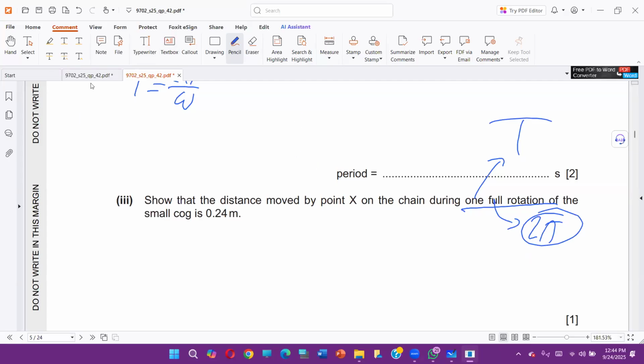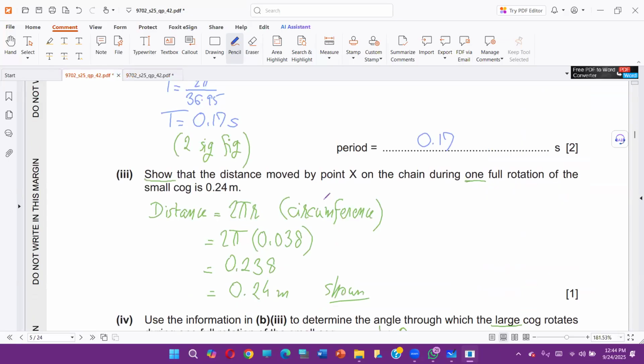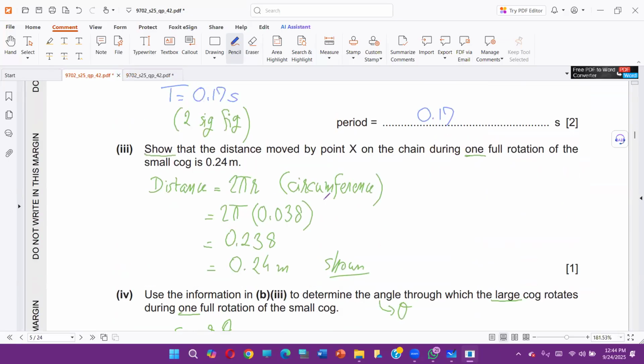Okay, now give me a quick suggestion. So for one cycle, the distance is 2 pi r, and I can simply put the circumference formula, put the radius, and I get the distance. How do I make a connection here with circumference? Why circumference? Because it's one full rotation. So this is a suggested answer.